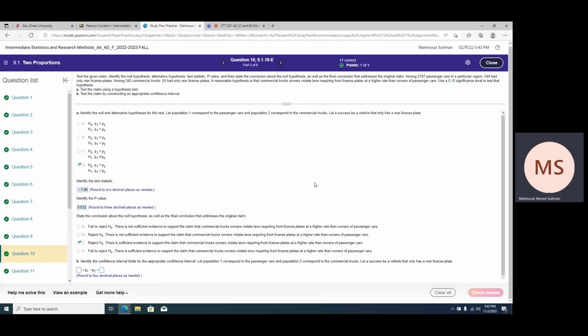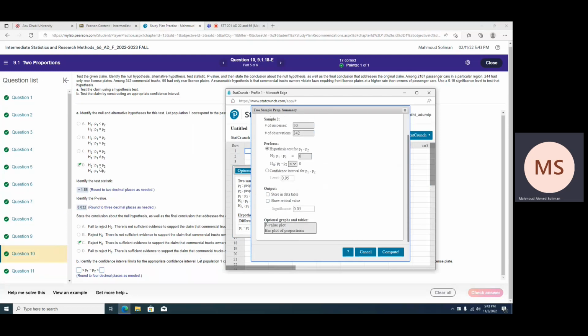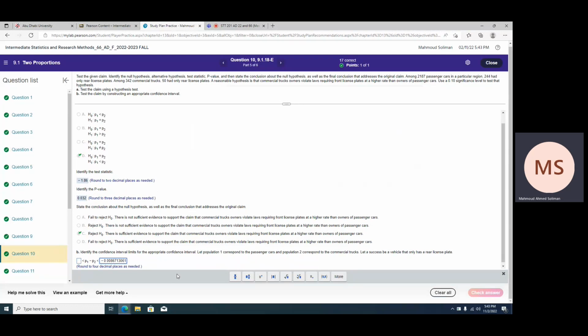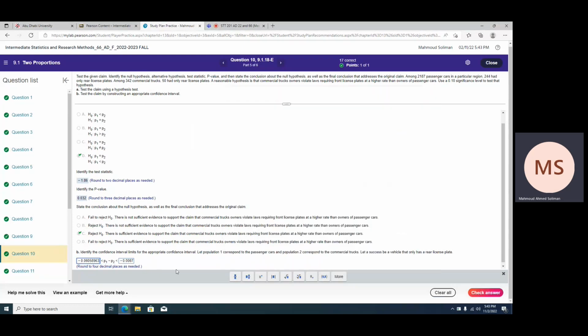Now we need to find the interval. They didn't give us the confidence level, so we have to calculate it. It's one-tailed, so 1 minus 2 alpha. So 1 minus 2 times 0.1, so it will be 0.8. Compute. For this one, 4 decimals. So here we have 5 decimals.